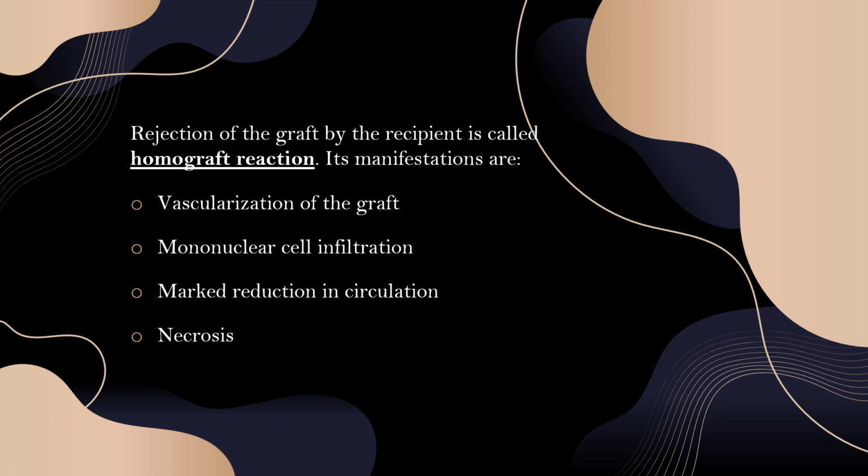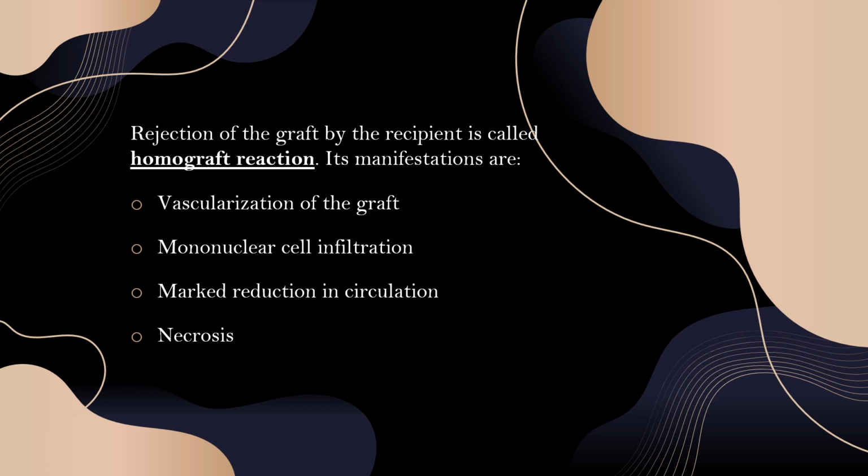The rejection of the graft by the recipient is called homograft reaction, and its manifestations are vascularization of the graft, mononuclear cell infiltration, marked reduction in circulation, and necrosis.